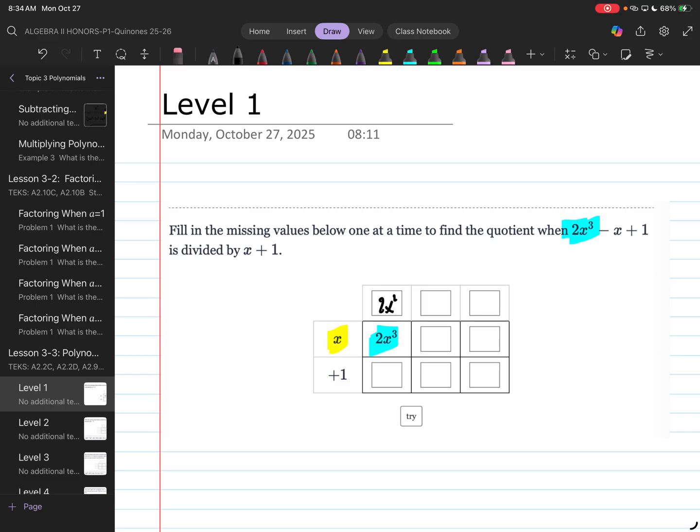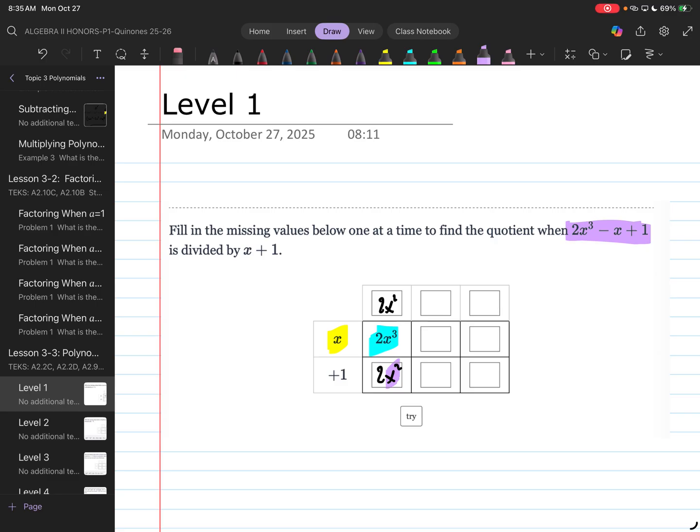Yes? Okay, and now let's continue filling in the box method. 2x squared times 1, that's 2x squared. Are we okay so far? Yes, okay. Here's the next question you need to ask yourself. Looking at my result, what it should come out as, this entire piece, do you see anything with an x squared?